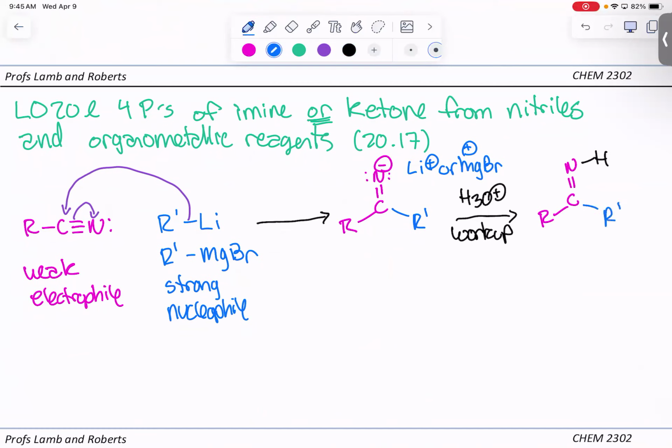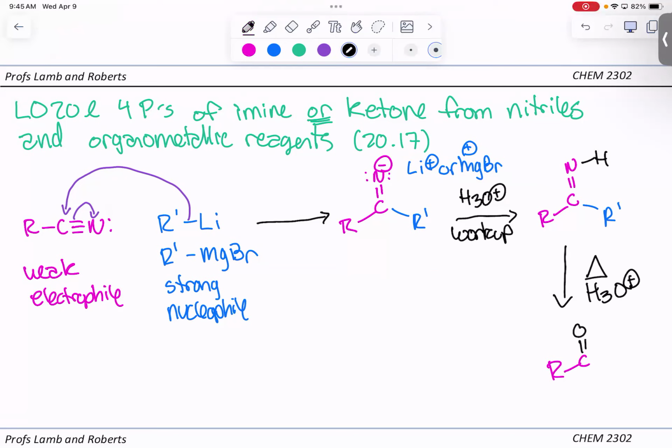I underlined in the learning objective that we can get an imine or a ketone. If we wanted to get a ketone in this reaction, all we would have to do is add heat in with our workup. Then we would hydrolyze that, and we would end up with our ketone as our product.